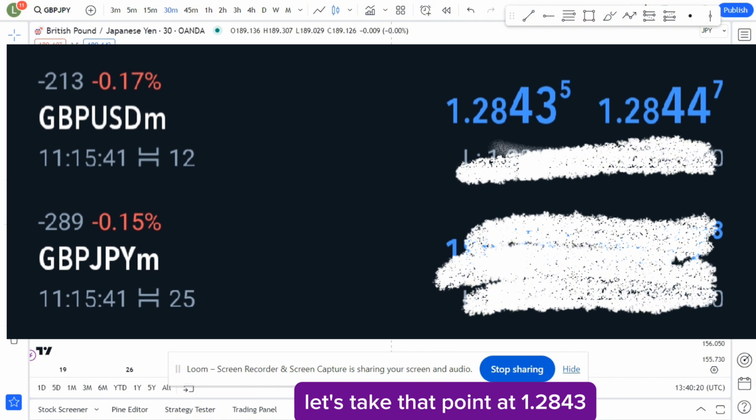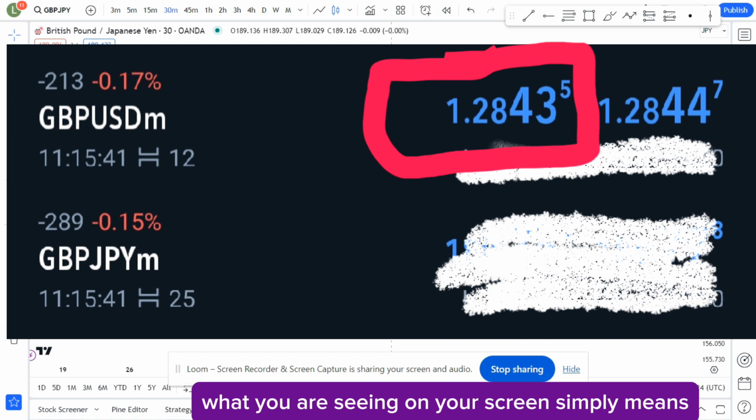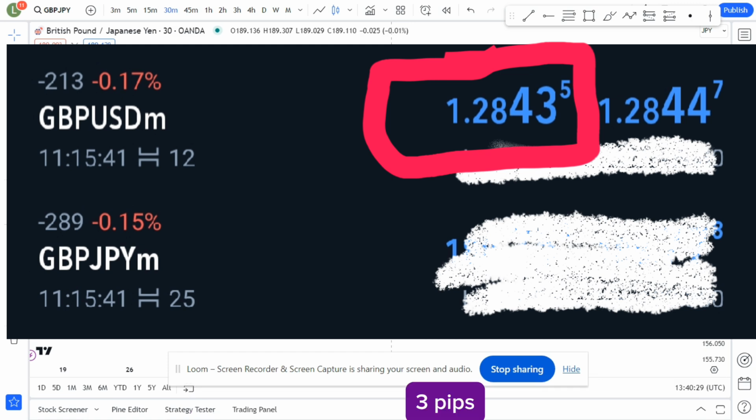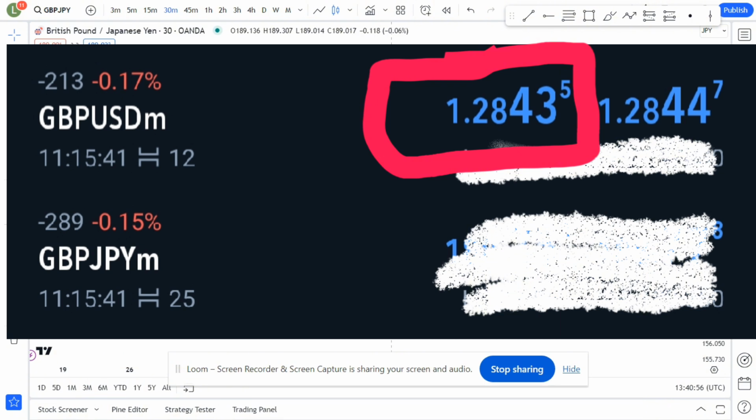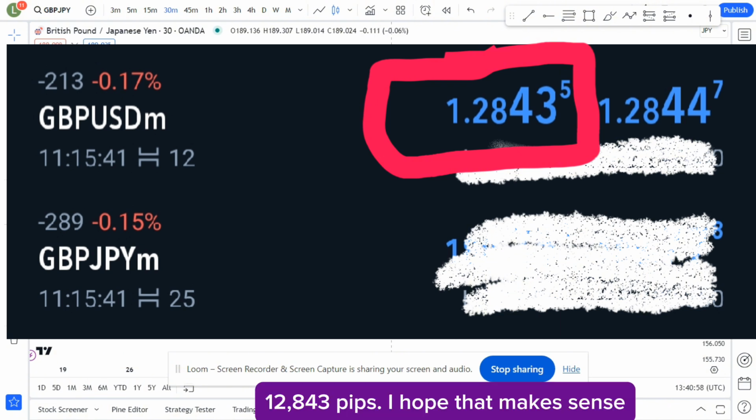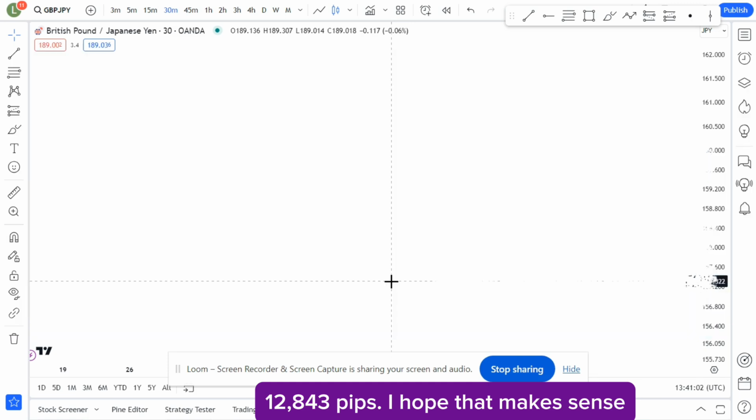What you are seeing on your screen simply means 3 pips, 43 pips, 843 pips, 2,843 pips, and then 12,843 pips. I hope it makes sense.